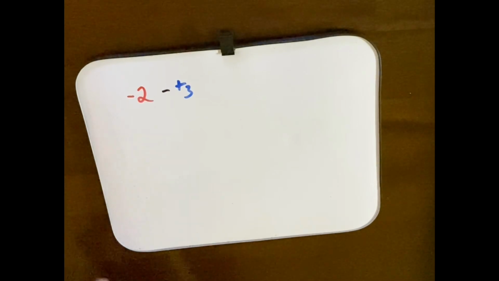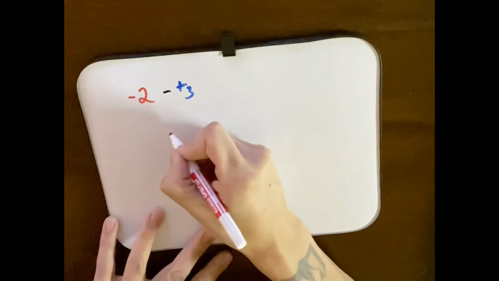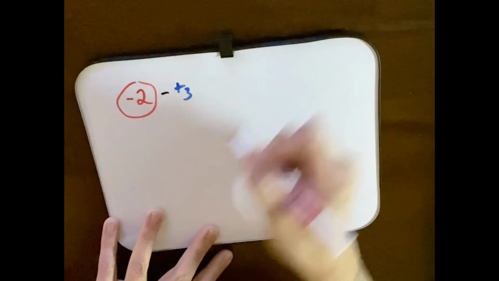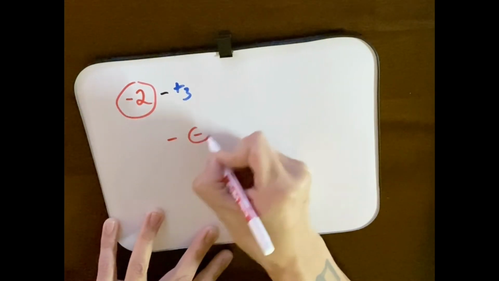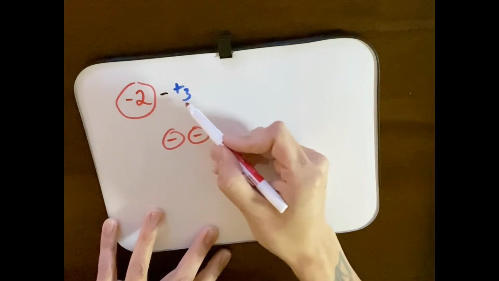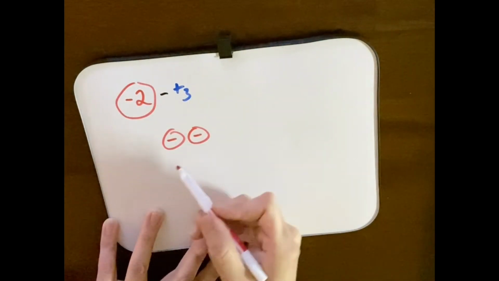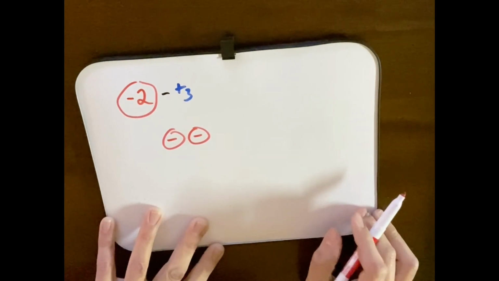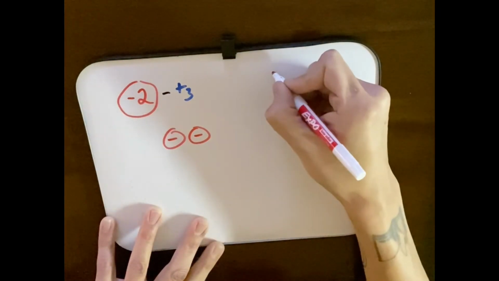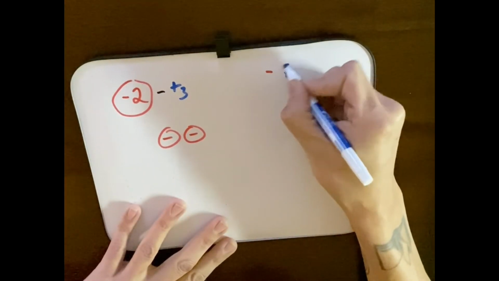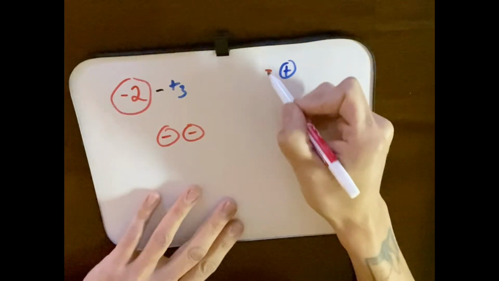Okay, -2 subtract +3. Well, we start with this one because this tells us how much we have. Well, we have 2 negatives, and we're trying to subtract +3. But do we have any +3s to begin with? No, we don't. This is where 0 pairs come in, all right?